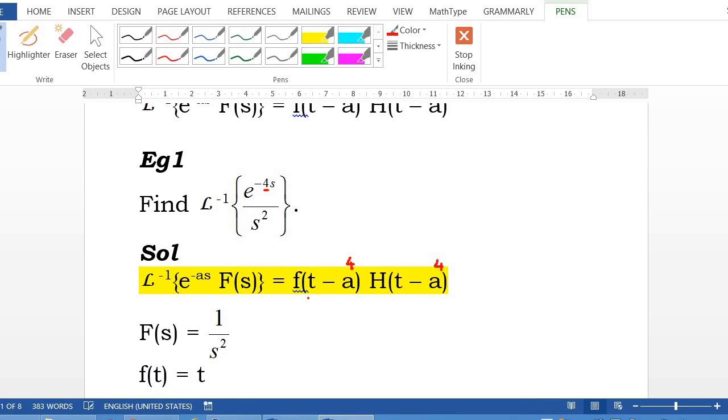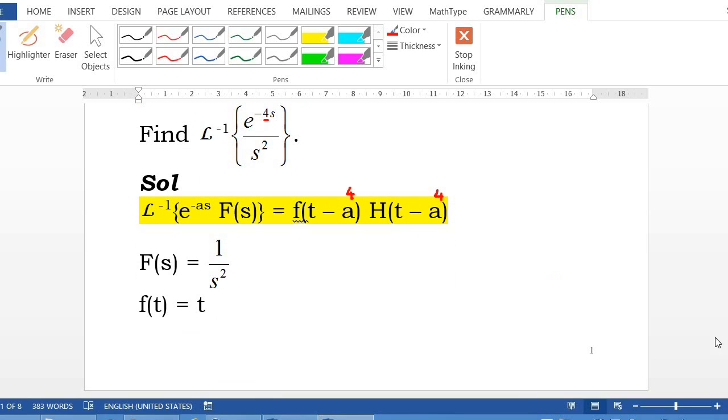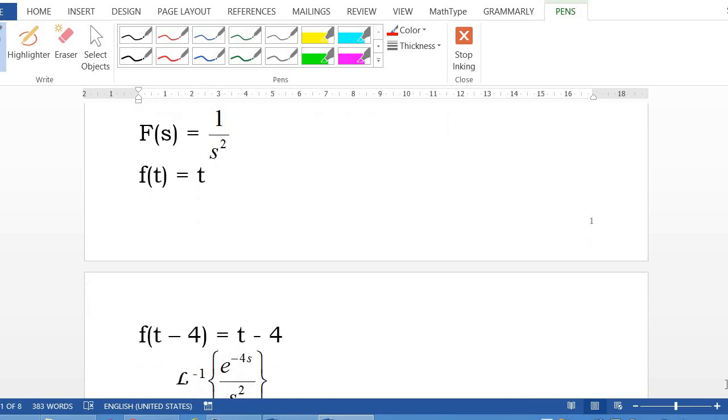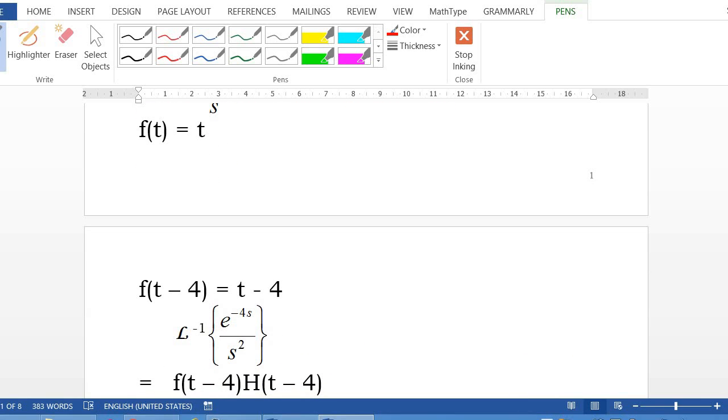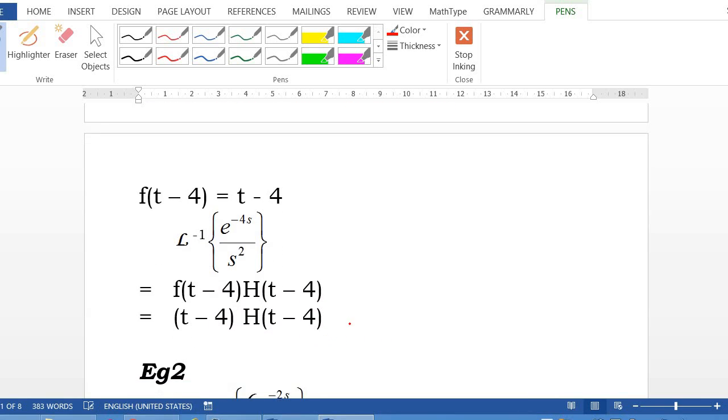To get your f(t − 4), you must get your f(t) first. To get f(t), you must get your F(s). F(s) is 1/s². So the inverse Laplace of 1/s² gives you t. Hence, f(t − 4) will be t − 4.